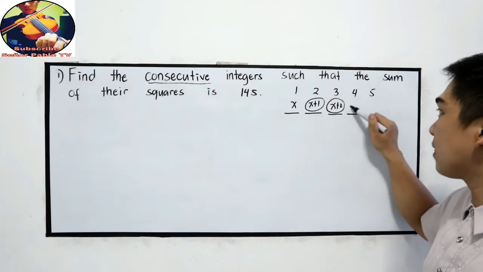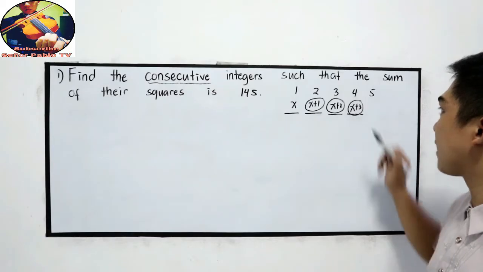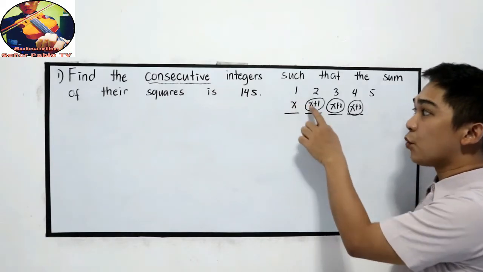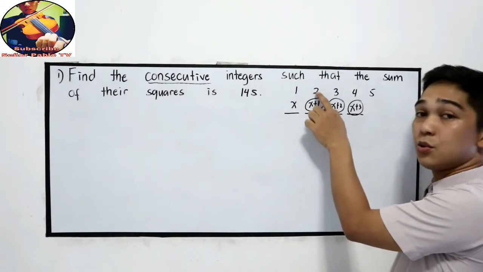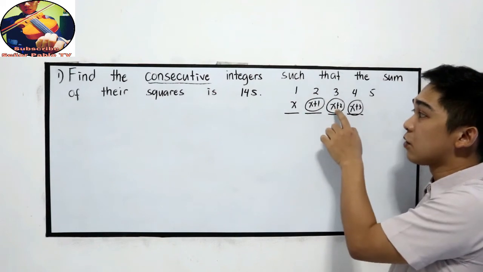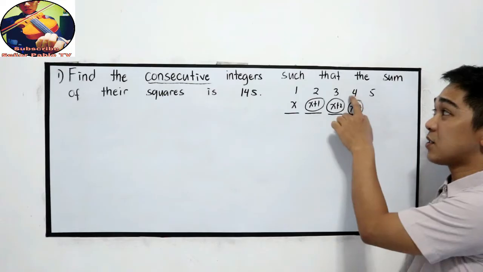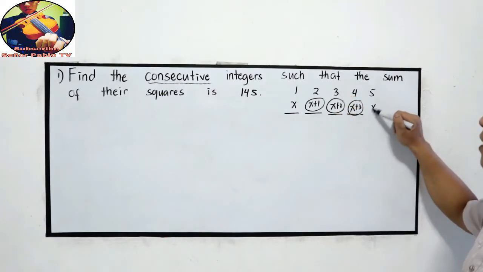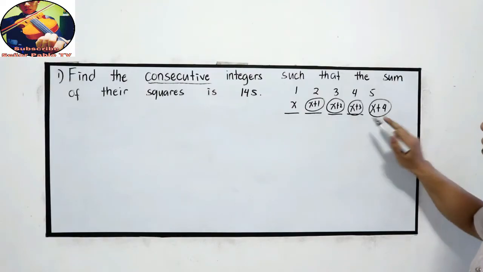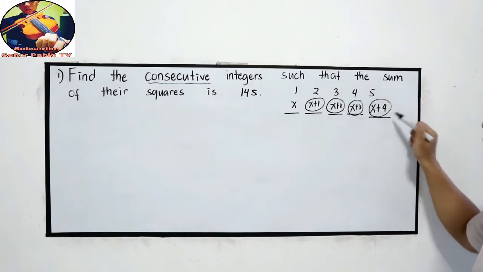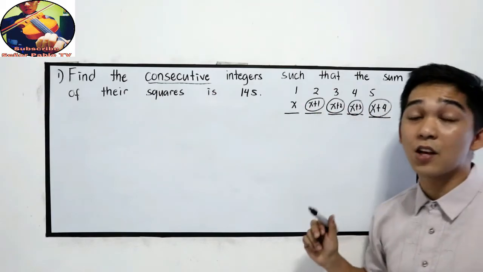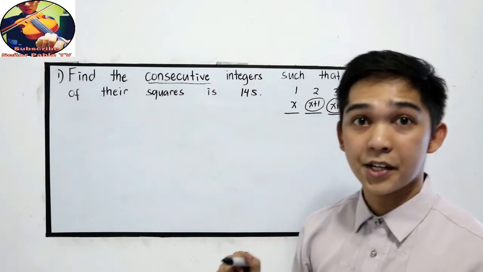Yung ika-apat, nag-add tayo ng tatlo. I-check natin. If x is equal to 1, so 1 plus 1, that is 2. So 1 plus 2, that is 3. 1 plus 3, that is 4. Then, x plus 4, so 1 plus 4, that is 5. So ito yung ginagamit natin sa ating consecutive integers.